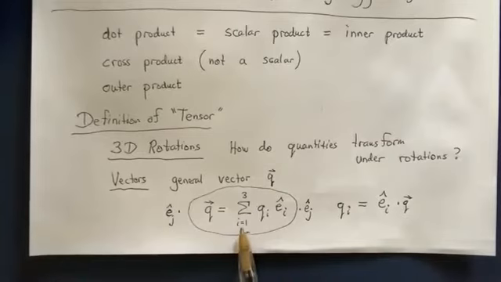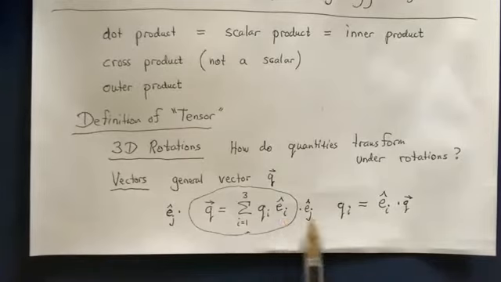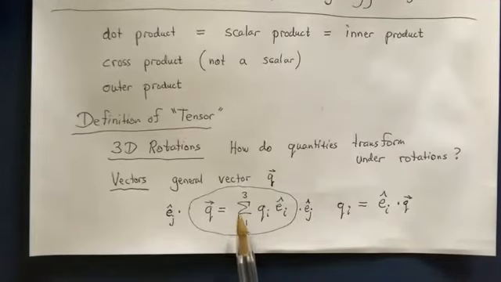And as this index of summation I ranges from 1 to 3, there will be exactly one occurrence of the situation where you have a basis vector dotted into itself, and that's when the index of summation is equal to J. Every other term in the sum gives you 0 because you have 2 orthogonal basis vectors.